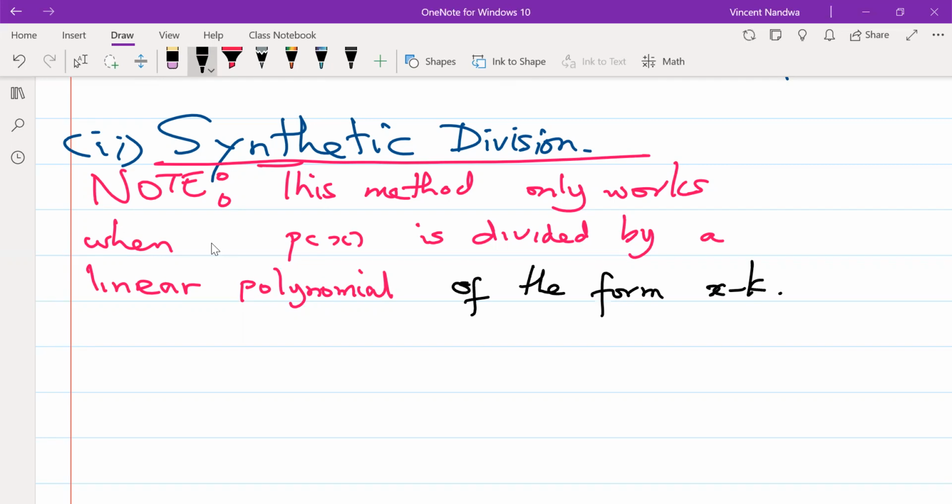That means we are dealing with the division of a polynomial p of x by x minus k. If the division is not by a linear polynomial of the form x minus k, this method doesn't work.